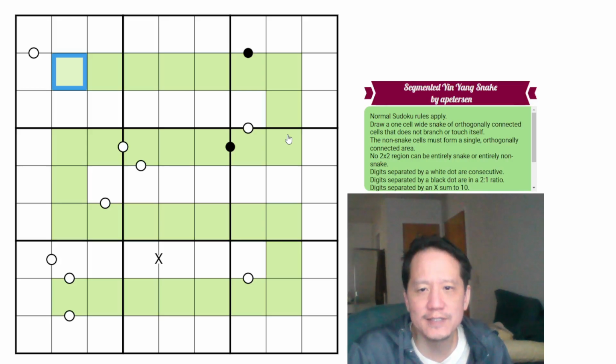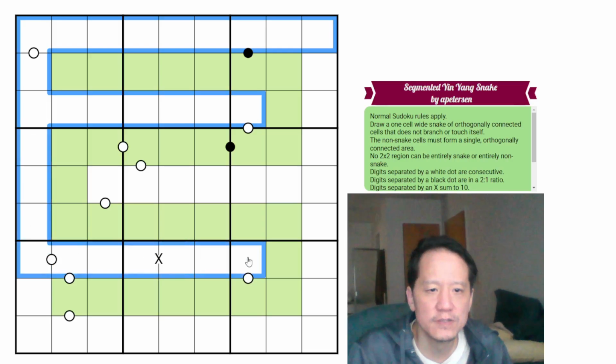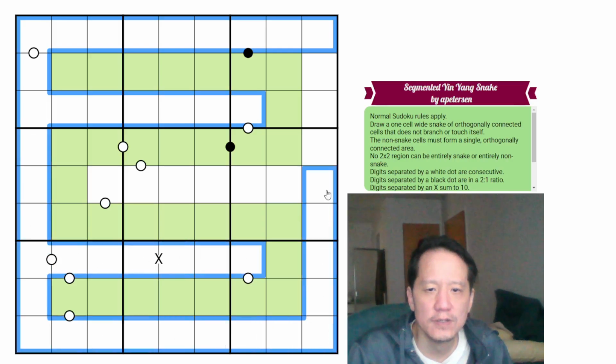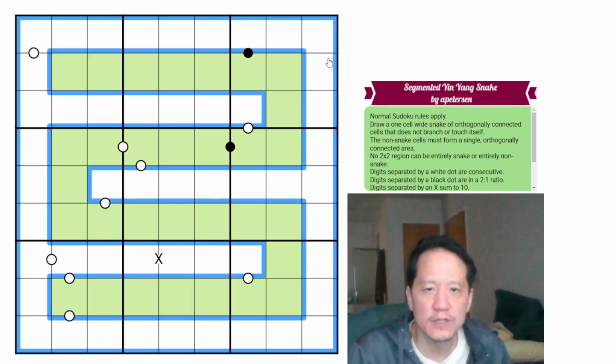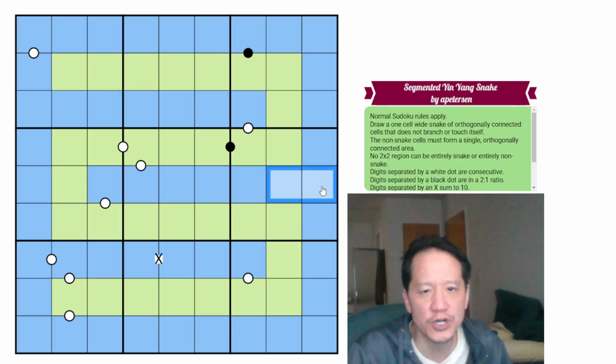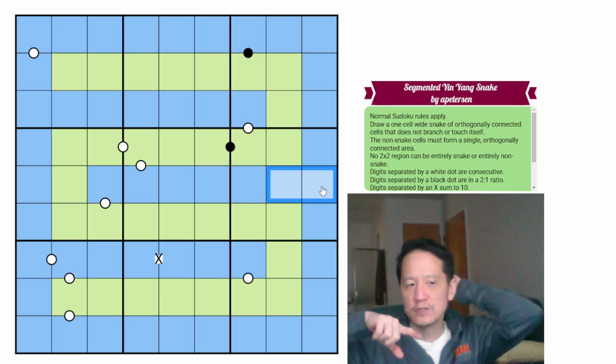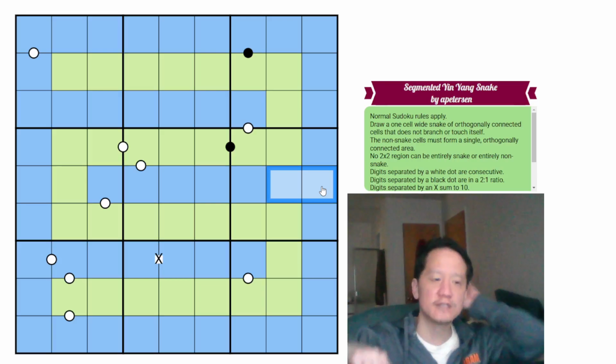Also, the non-snake cells must form a single orthogonally connected area. The non-snake cells must basically be one large area connected to itself orthogonally, which means that each one has to share an edge with a cell that's connected to all the other non-snake cells.